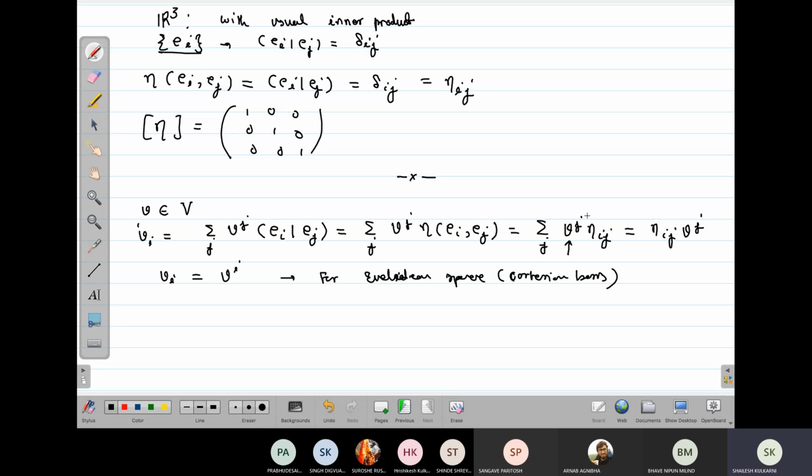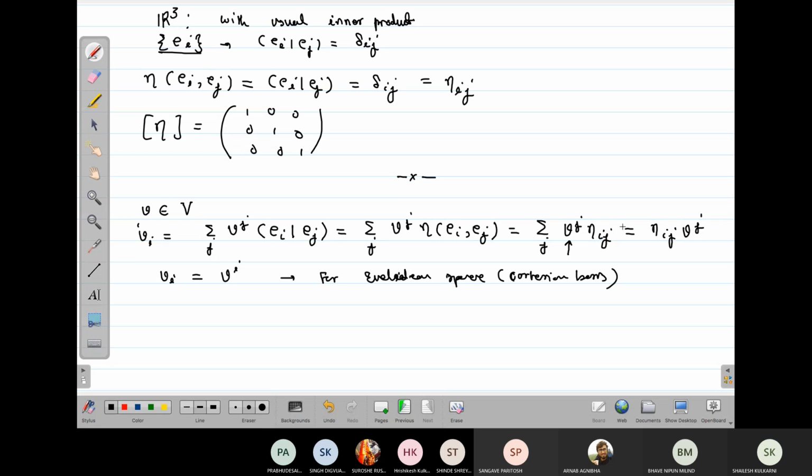So it is called lowering the index of a vector, and I will get a dual vector. I have lowered the index of v to get the component of a dual vector. So the upper index is lowered through this action. Is it clear?